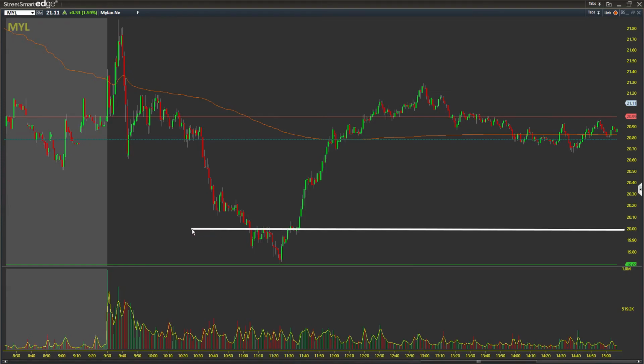You could see it fell below that $20 right here and dipped down even more, but it came right back up and it reclaimed that $20.